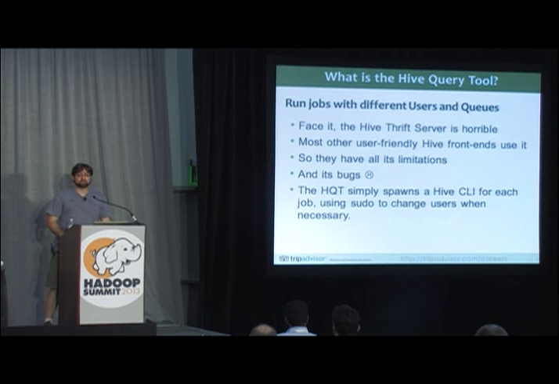We're running out of slots. We're going to pay for more servers, and so we up their scheduler priorities and their queues. And so when people log in and use the Hive Query Tool, queries are run as their user from LDAP and run in the queue appropriate for them and their query.